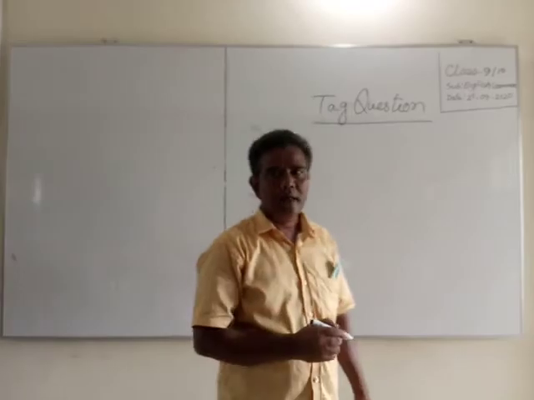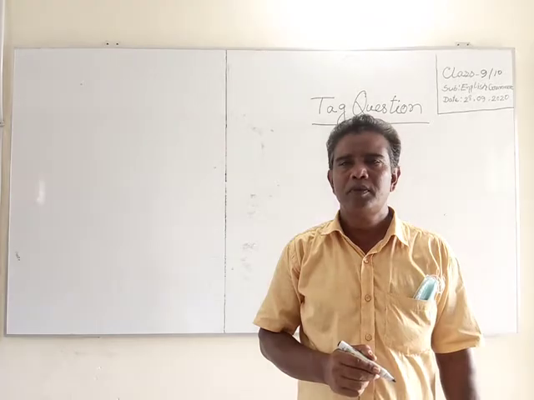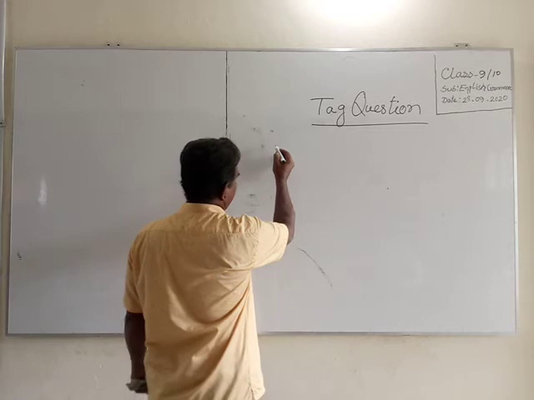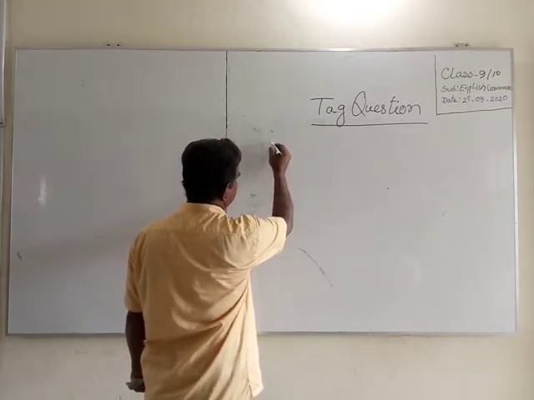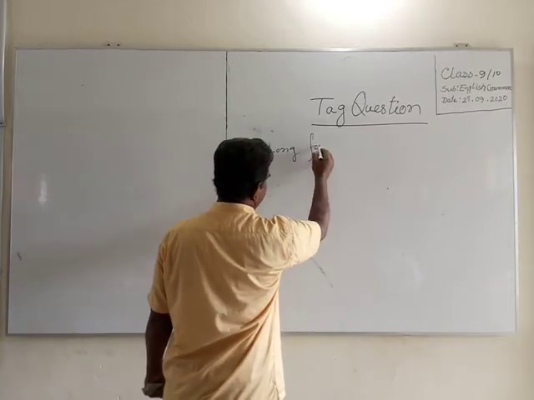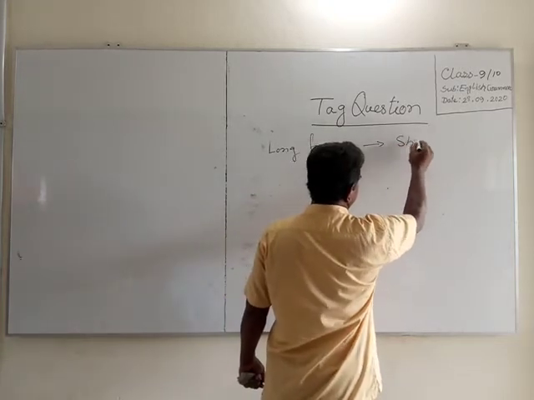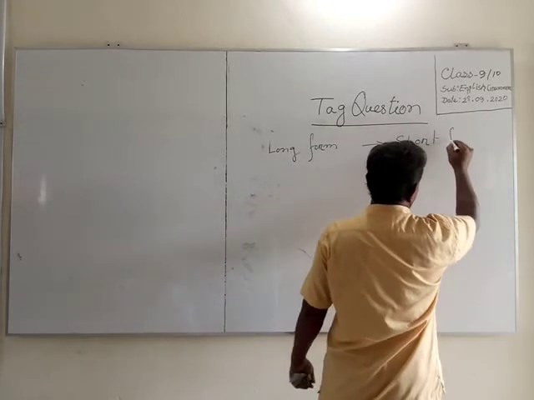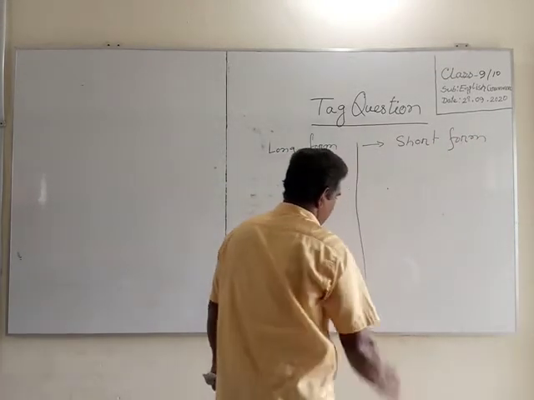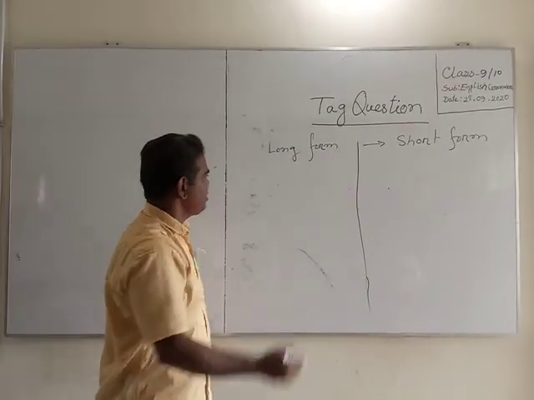Before that, I can show you the form of auxiliary verbs: two structures, long form and short form, which we will have to set up in the tag question.